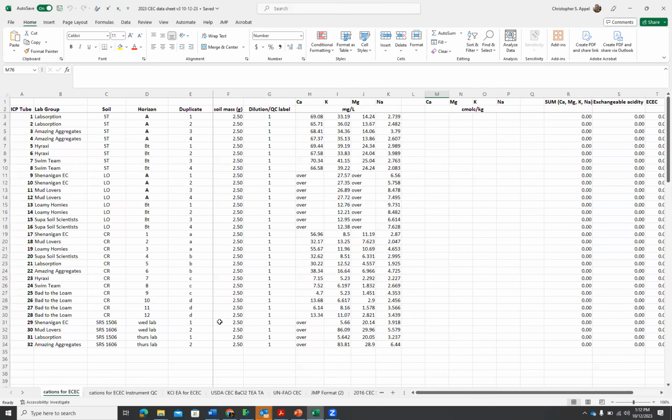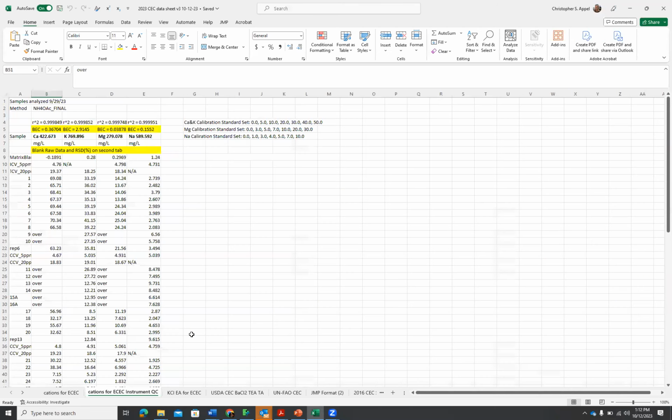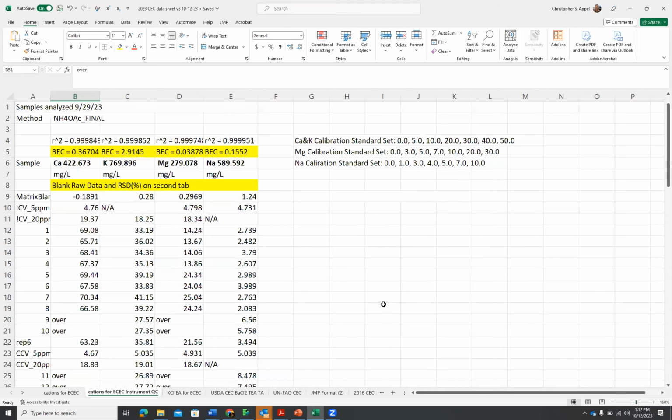Okay, so the place that we want to go for this information is the cations for ECEC instrument QC spreadsheet. And the way to calculate a recovery, remember, percent R ICV is measured over the known, times 100%.